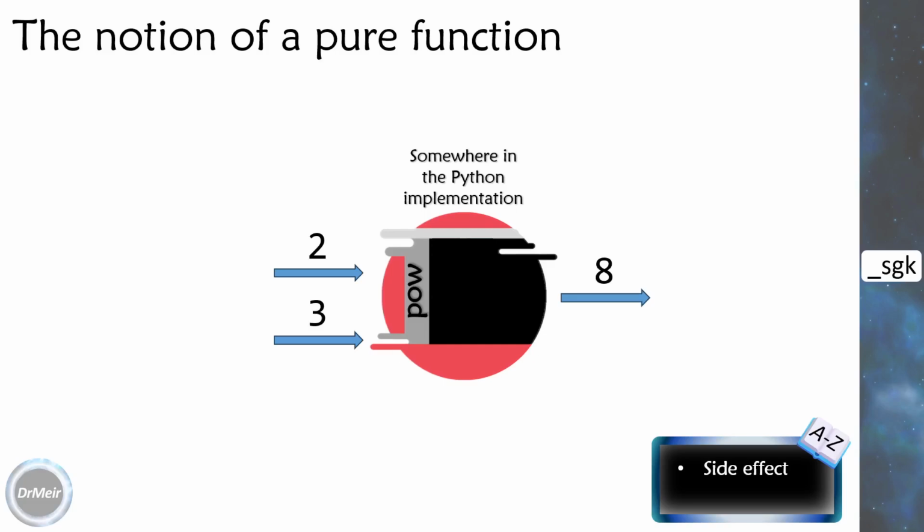Side effects are actions unrelated to computing the return value, such as printing to the screen, modifying a database entry, or sending an email. A function that always produces the same result for the same arguments and has no side effects is called pure. The power function is pure. We'll explore the benefits of purity later in the course when we learn to write our own functions.